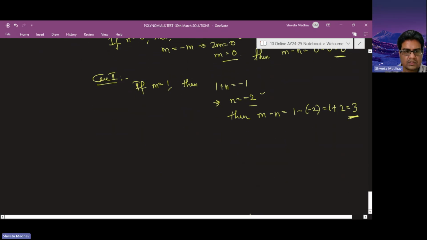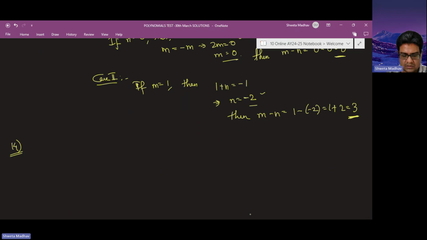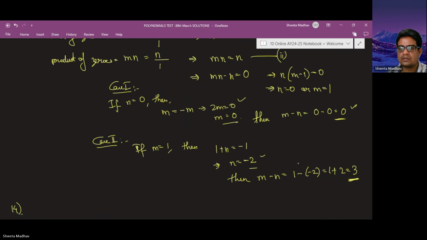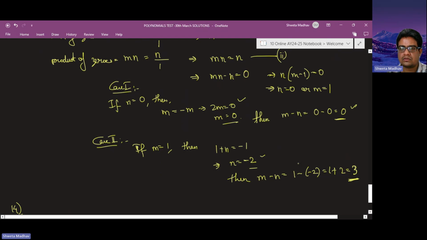Then question number 14, it has been told that find the value of... But here, if you write only the answer 3, then also you will get the full marks here.